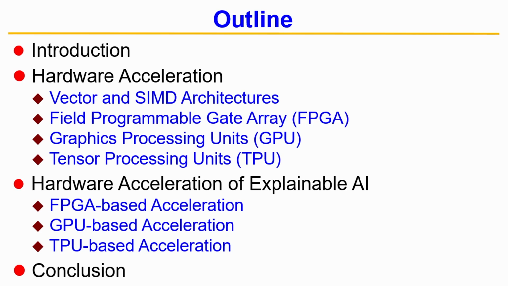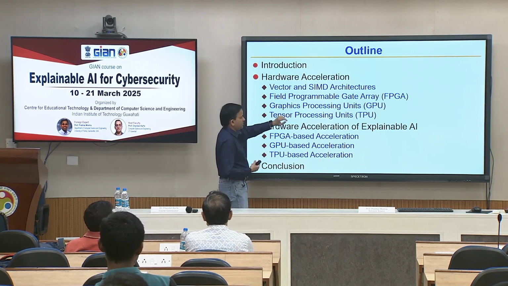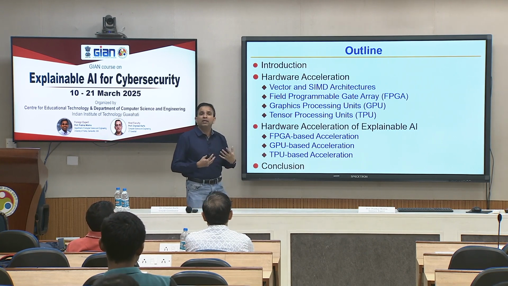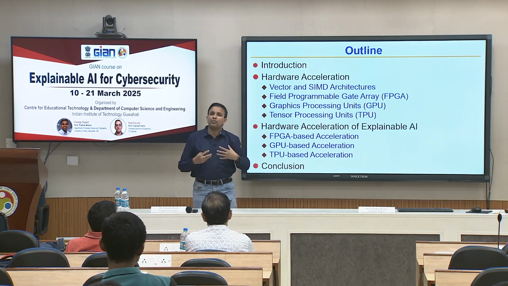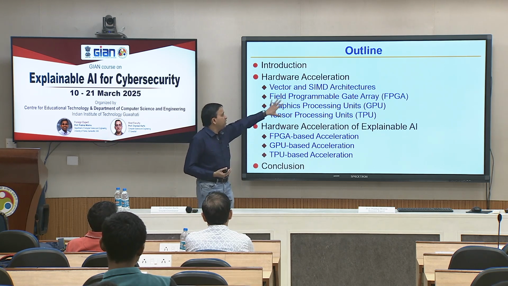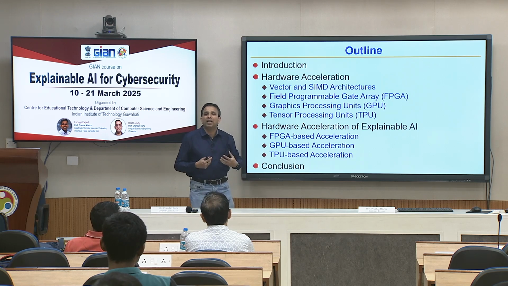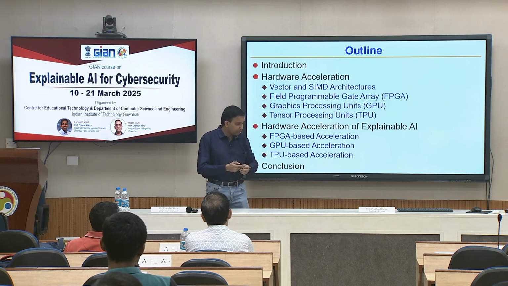Then I will talk about dedicated hardware like field programmable gate array, graphics processing unit, and tensor processing unit, and how they help us accelerate. So the first part of the discussion is going to focus on how you accelerate things, and then we will use those technologies, or at least, depending on the time, one or two of them, to accelerate explainable AI and what that means.